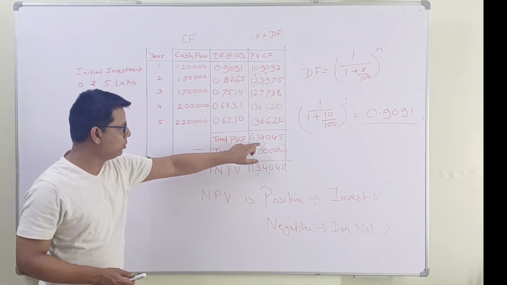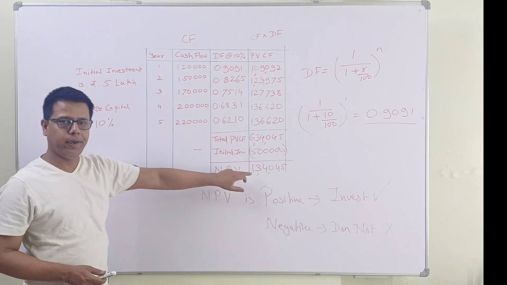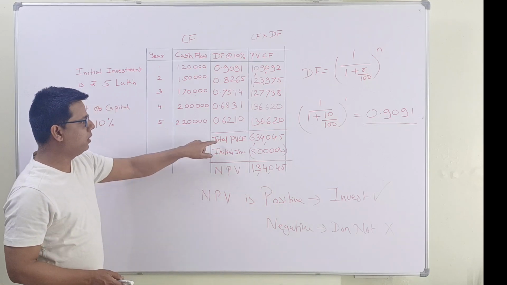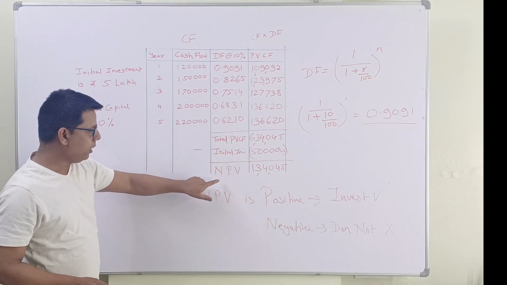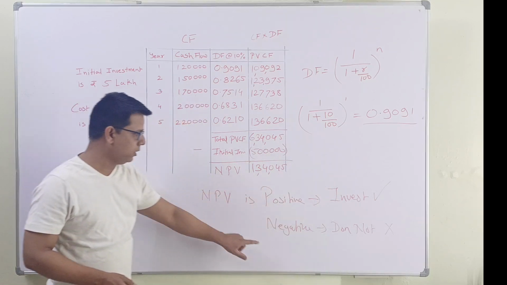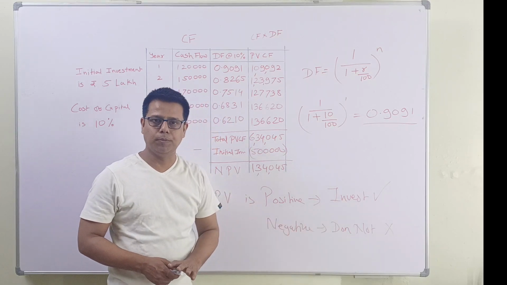It is called total PVCF. Deduct the initial investment from it, you get NPV. So the formula for NPV is total PVCF minus initial investment. If NPV is positive, you invest in the project. If NPV is negative, you should not invest in the project.